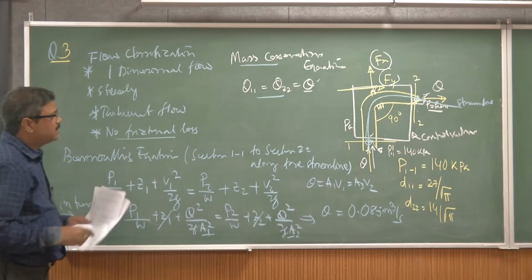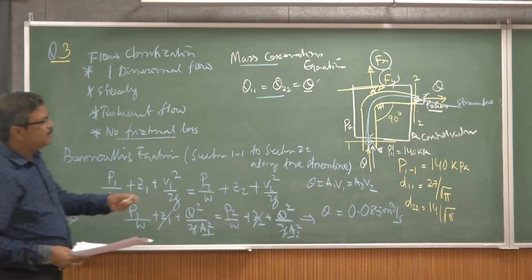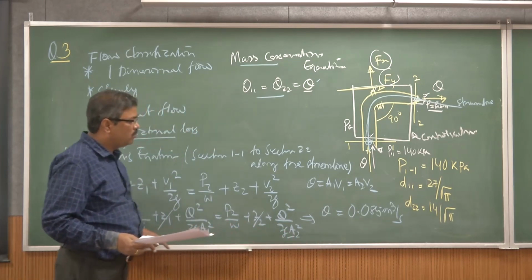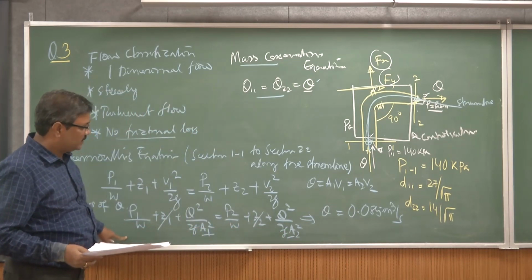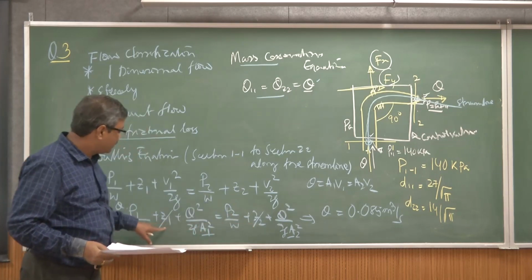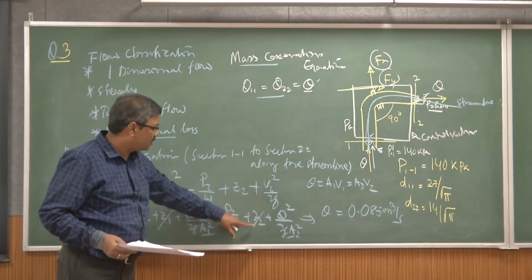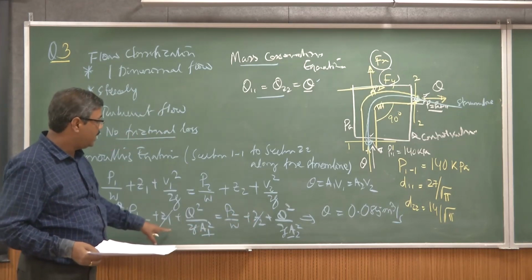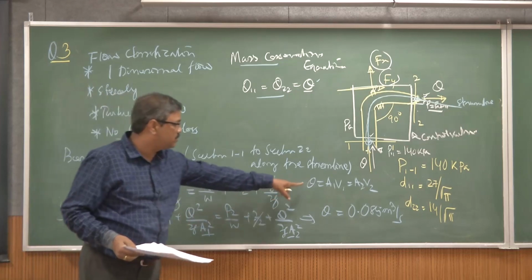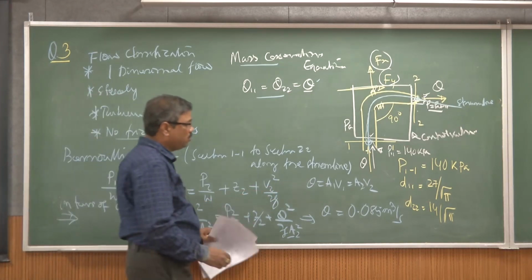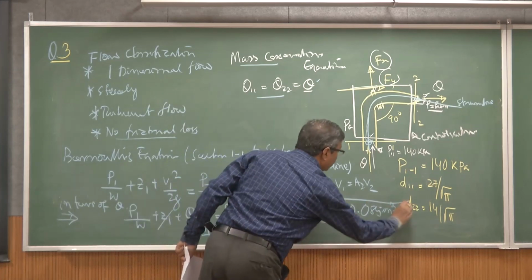We applied Bernoulli's equation for this problem first to compute the discharge. As it is a horizontal surface, Z1 equals Z2, which we cancelled out, and we substituted the mass conservation equation into Bernoulli's equation to compute the Q value.